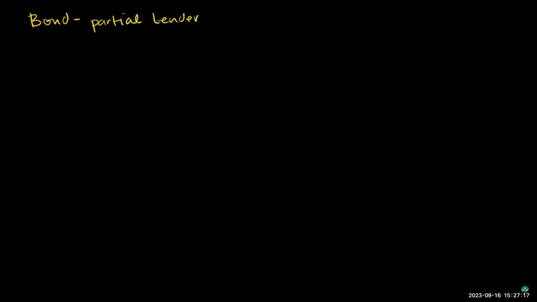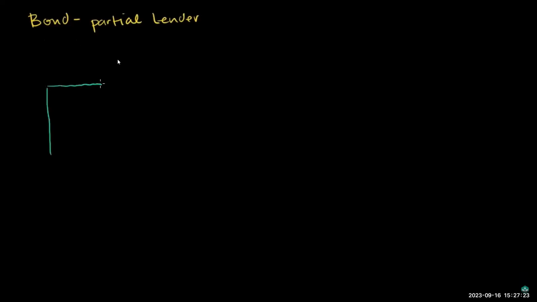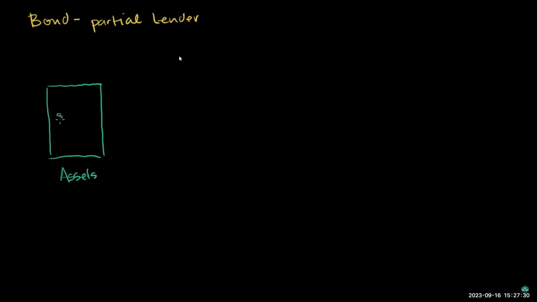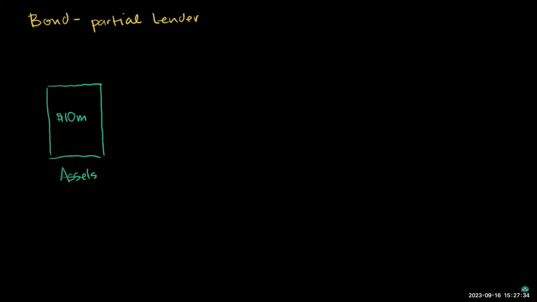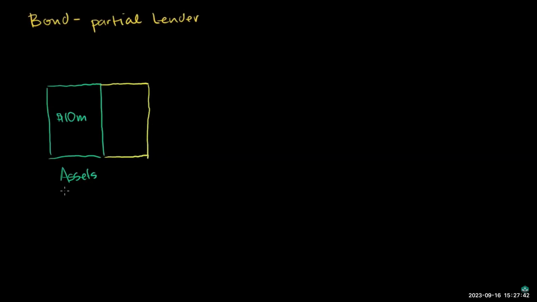To make that more concrete, let's imagine some type of company that has $10 million in assets. And let's say, just for the sake of simplicity, it has no liabilities. So all of that $10 million is owned by the owners, the owner's equity.